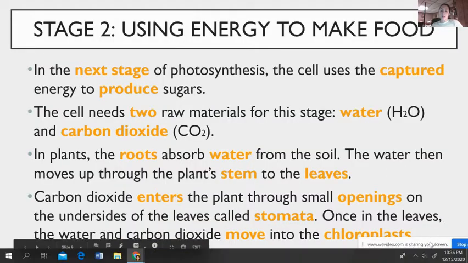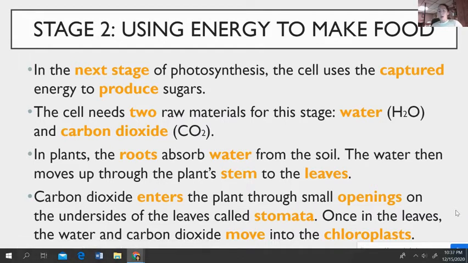Now, the next stage is what the cell uses that captured energy for, to break down the different materials and produce the sugars and the oxygen. There are two raw materials, or two reactants, that go into the plant, and that's water and carbon dioxide.